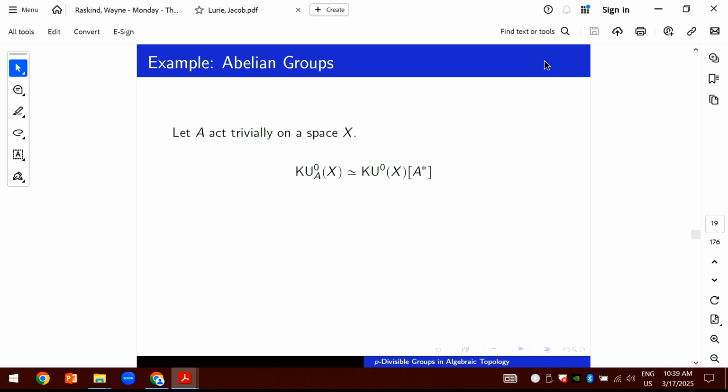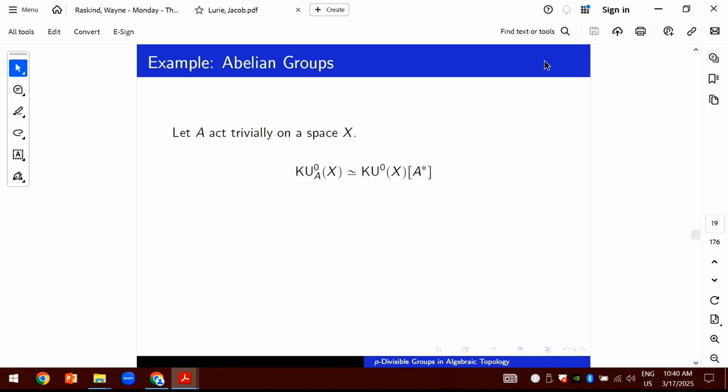You can think of it as a family of vector bundles on X indexed by the collection of characters A star. So let me summarize that by saying this ring K_A^0 of X would be the group algebra over K^0 of X on the group A star.